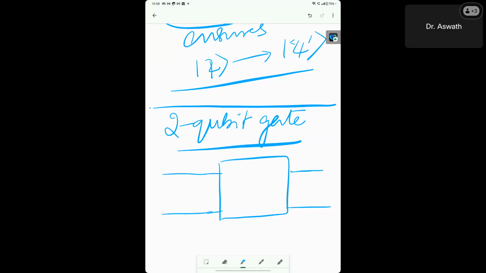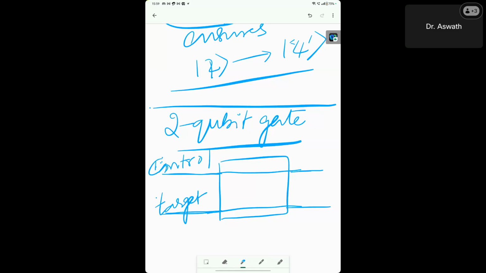Unlike conventional classical computing, where I can have two inputs but only one output, here there are two inputs and two outputs. One interesting property of this gate is that the top entry is a kind of control and the bottom entry is a target.